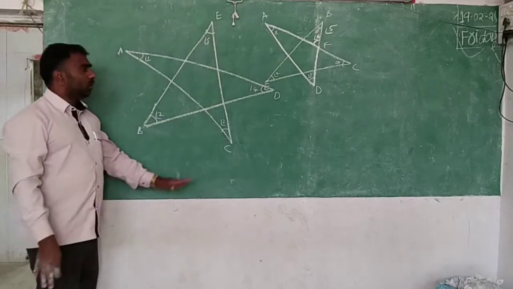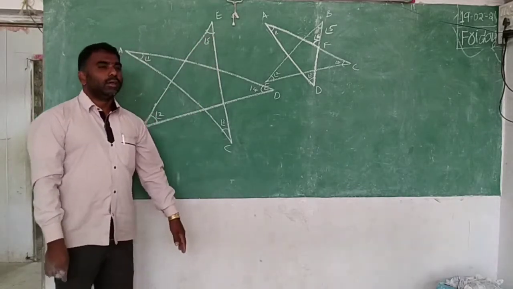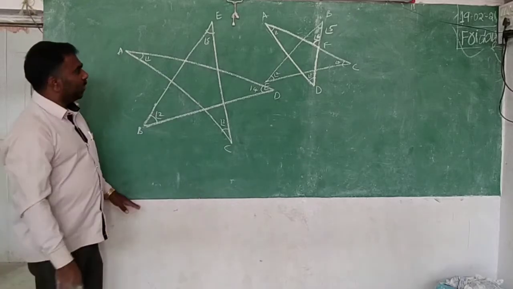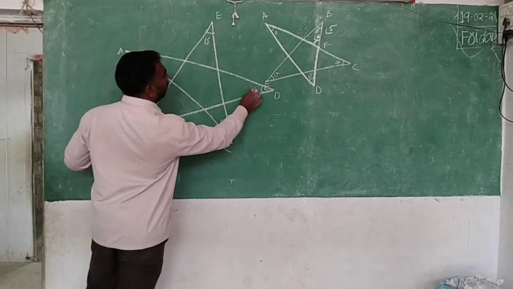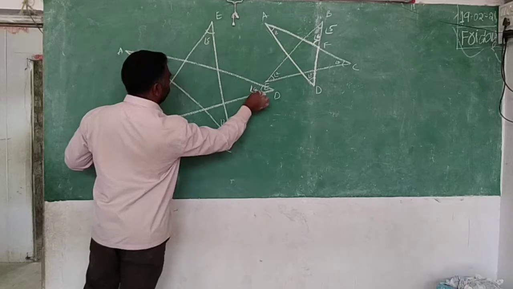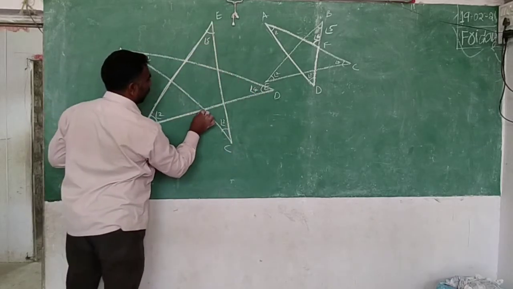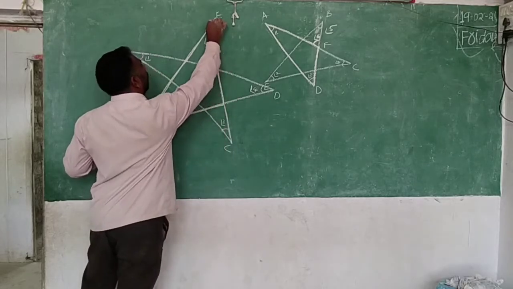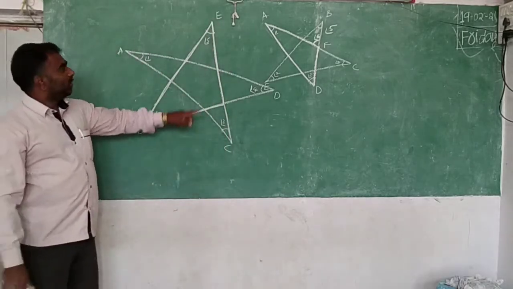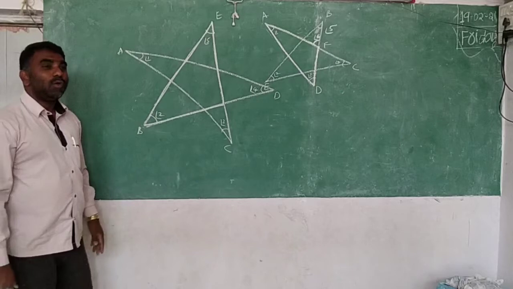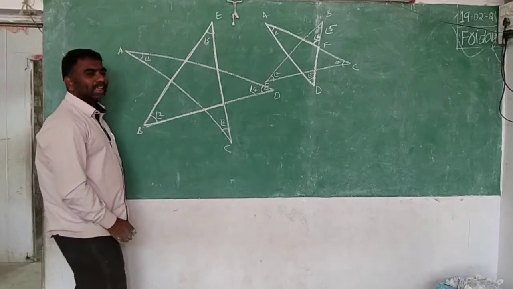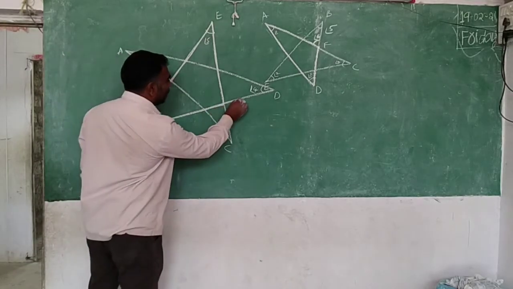You can take any one triangle, not only this one. Now I am taking this triangle, this is 4, no? This triangle I will take. In it two angles are there, no? Which exterior angle will you try? This is the exterior angle for this.